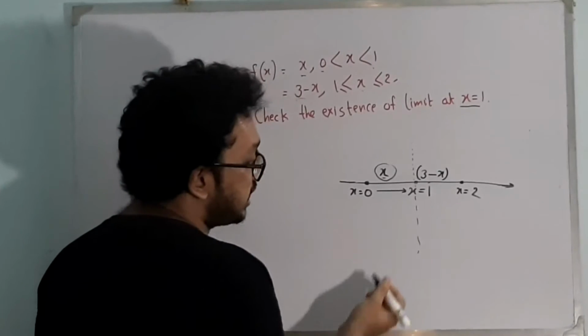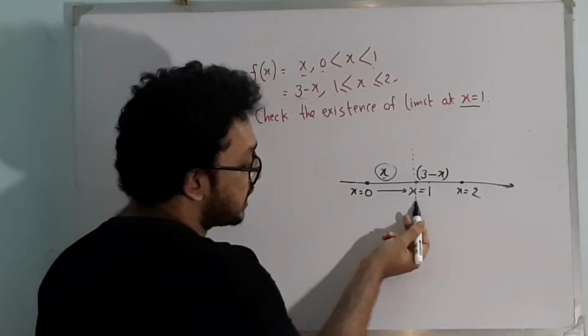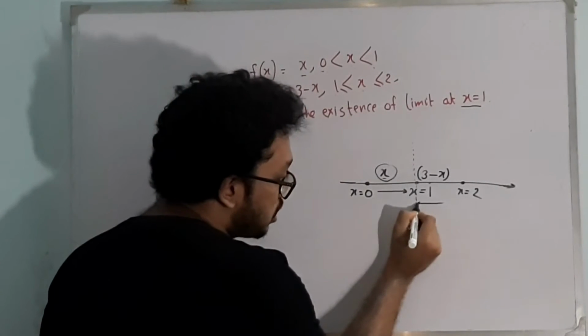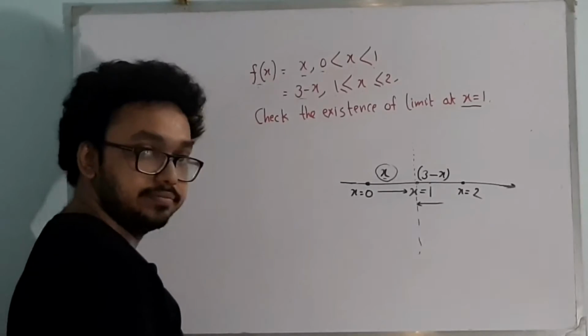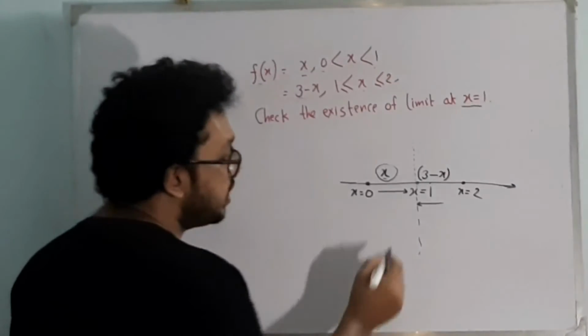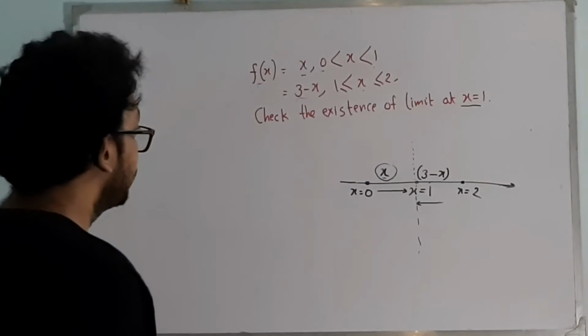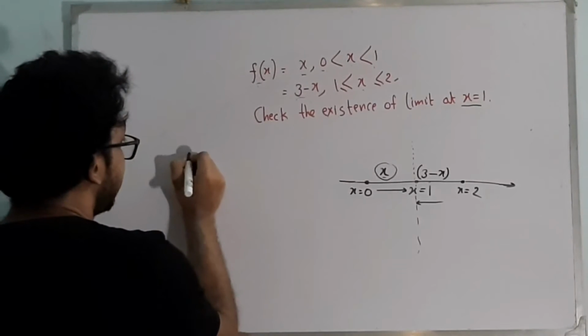And when we check the right hand limit of the function f(x) at x equal to 1, we approach x equal to 1 from the right hand side, and then we will take f(x) as 3 minus x. I hope it's clear.